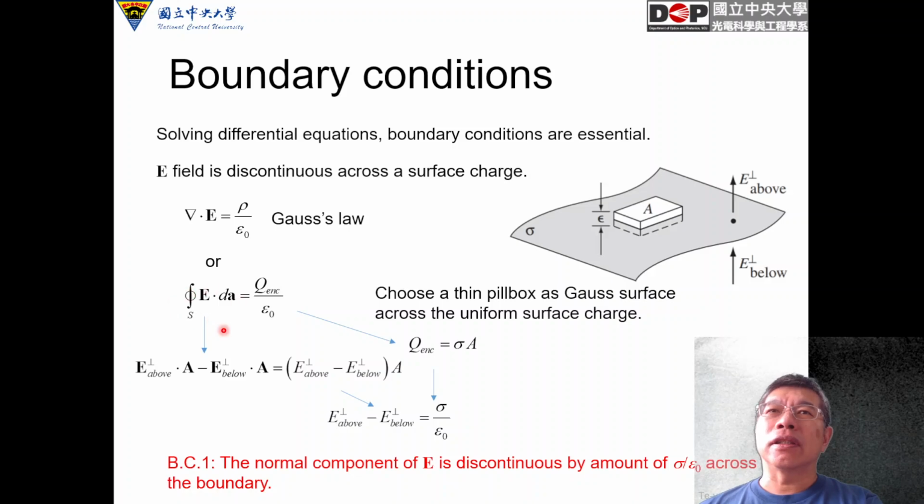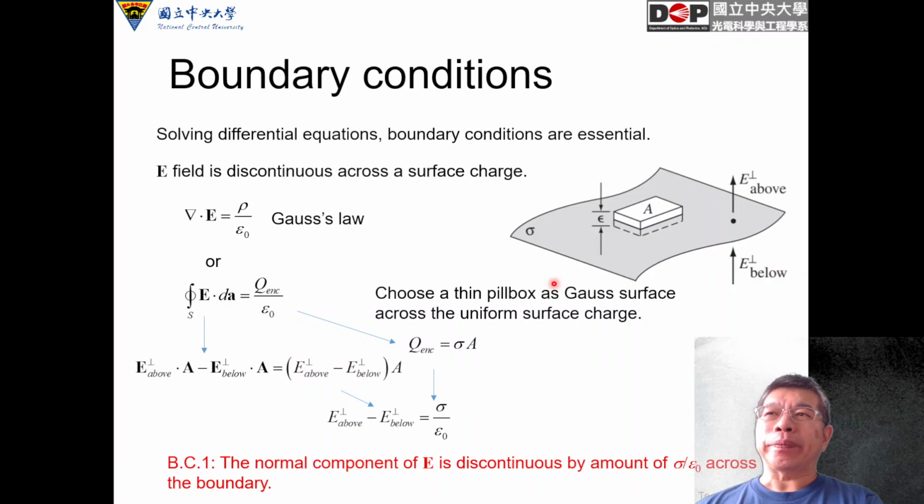So the closed surface integral will be the enclosed charge inside this surface. So that's it. We take this pillbox as extremely thin, so we will not worry about the size of the box. Only considering the big area is enough.